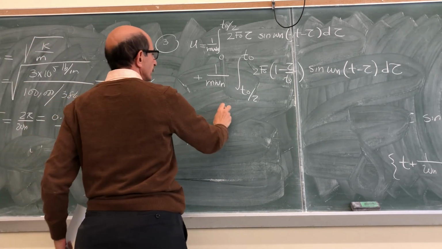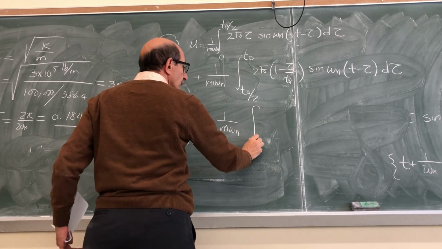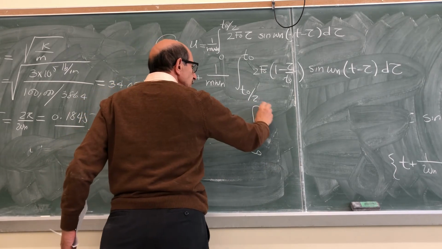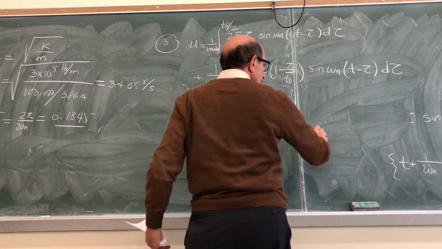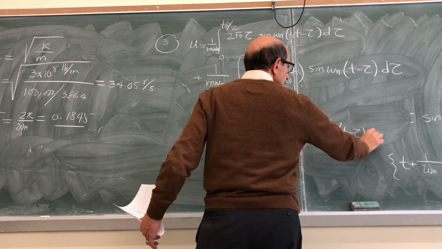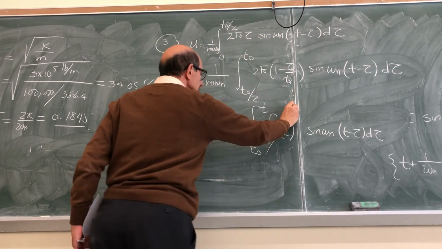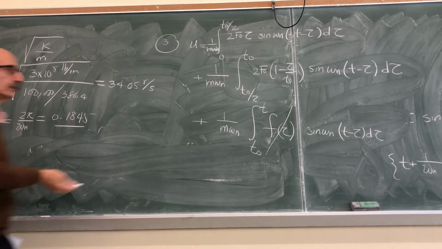plus 1/m⍵n from t0 to t of f of tau sine ⍵n (t minus tau) d tau, where f of t is from here on, which is obviously 0.